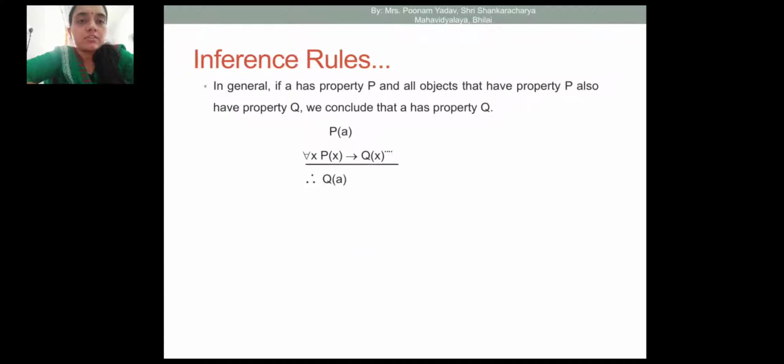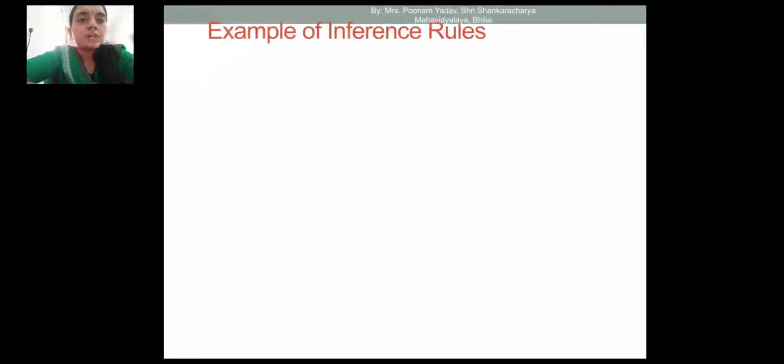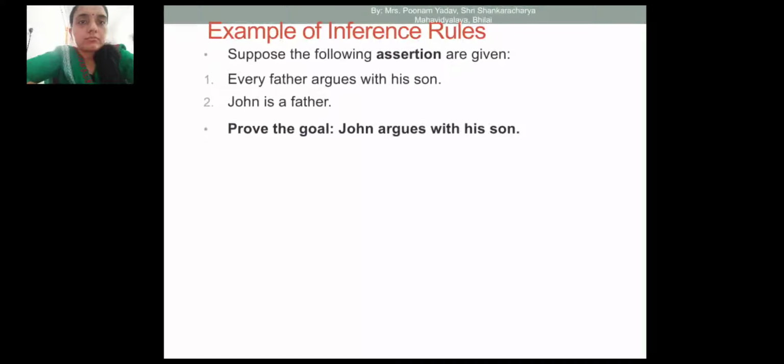Leo is also ferocious. Here suppose a particular A has a property P. For all objects with P, we also get the property Q. So we can say Q is also true for A. See, these inference rules are used for proving the logic. Every father argues with his son.